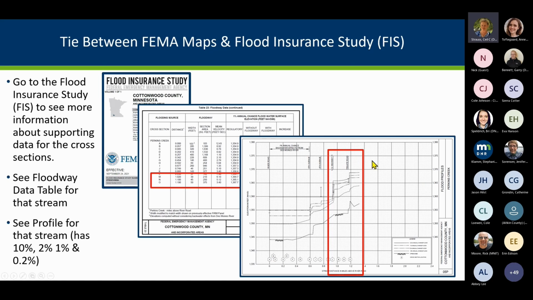It shows information on the road crossings and bridges and some stuff like that. So there's a lot of valuable information in here, but this is the place that you can go if you want to know the 10-year flood elevation for a site in a detailed study area. This is where you can find it.